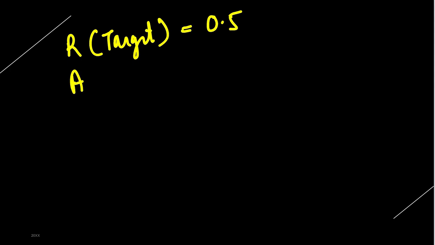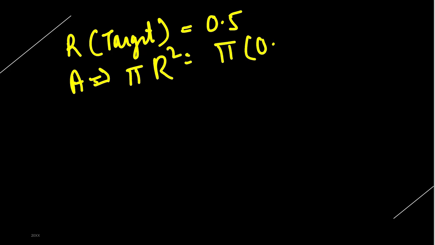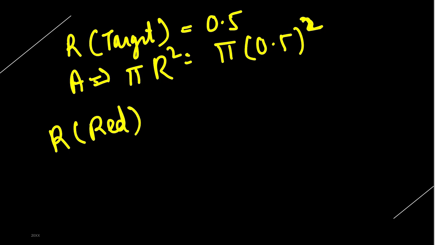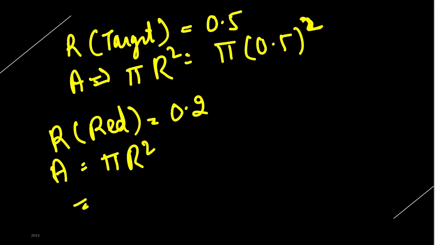So what is the area of the full bigger circle? That is pi r square, pi into 0.5 square. I hope this is clear. Now, where do we want to hit? We want to hit only the red part, which has radius 0.2 meters. So what is the area covered by the red part? That is pi r square, pi into 0.2 square.